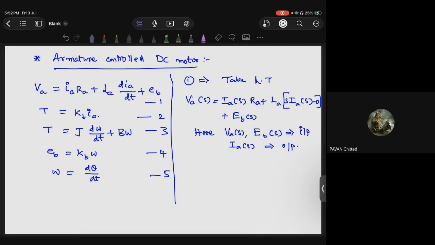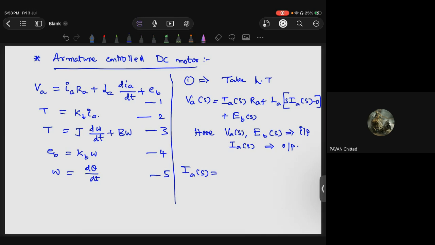Now I can write it directly. You can see this from the equation. We can write IA of S directly. EB of S is the back EMF. These modeling equations you can refer to in any textbook.